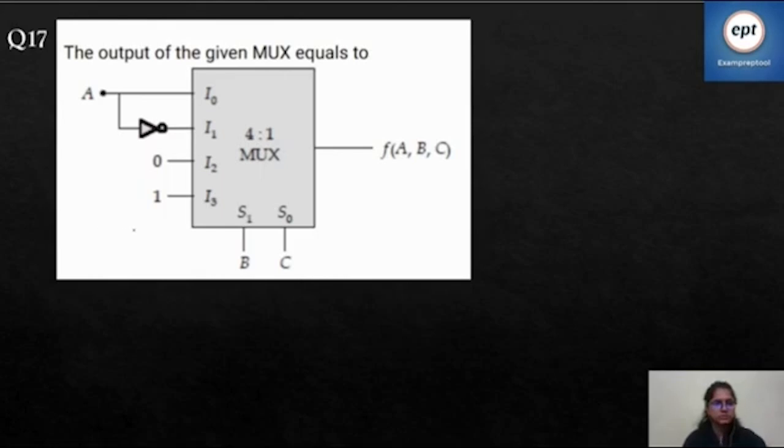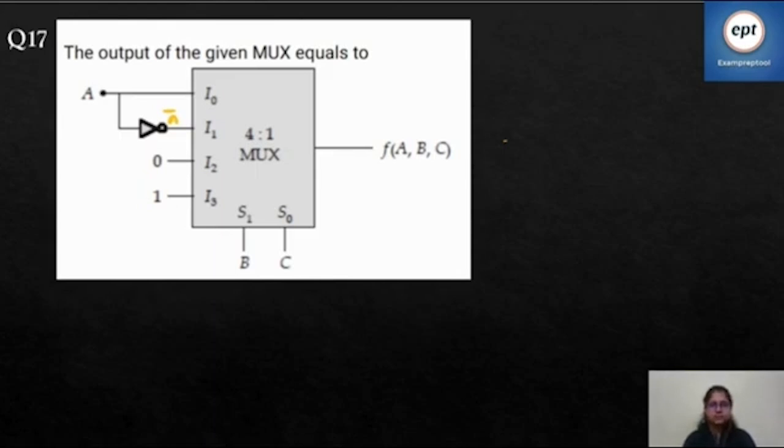So let's write the expression. We are given three variables, A, B, C. The select lines they have given us: in S1 they have given B, S2 they have given C, and in the inputs, I0 they have given A, I1 they have given A bar, I2 is 0 and I3 is 1.